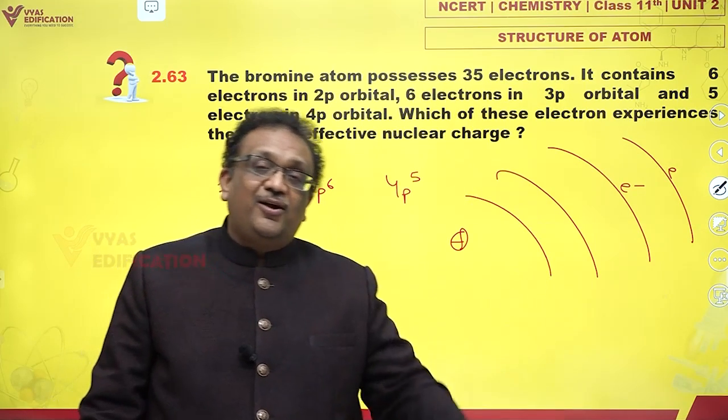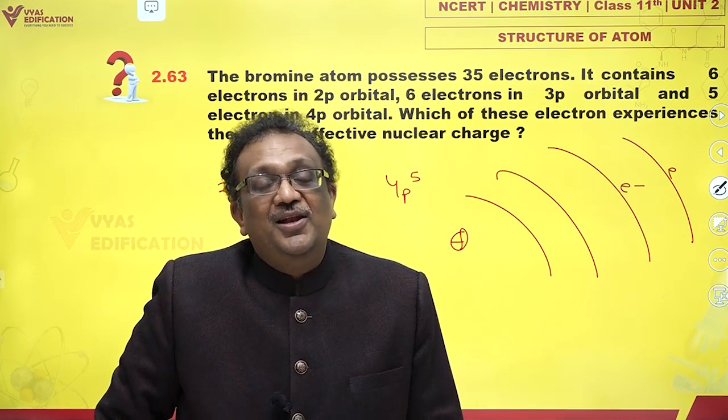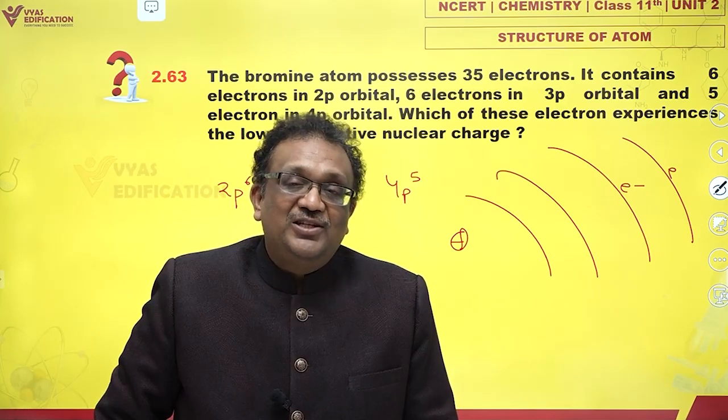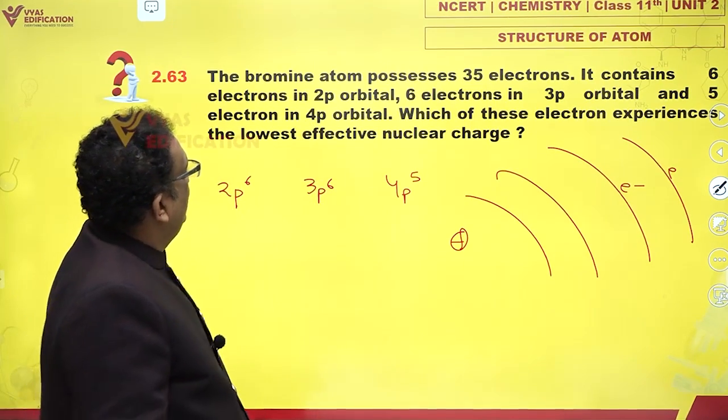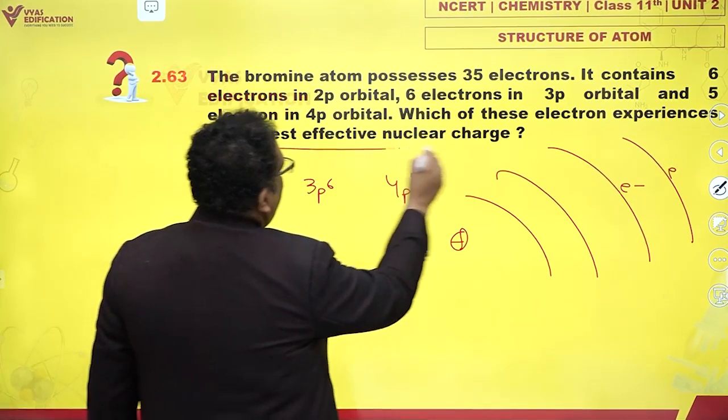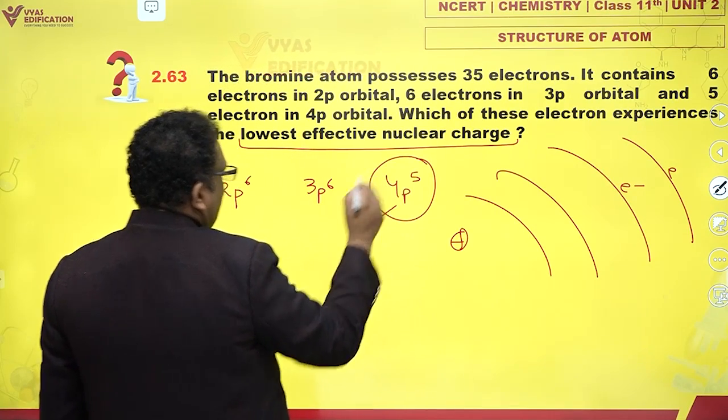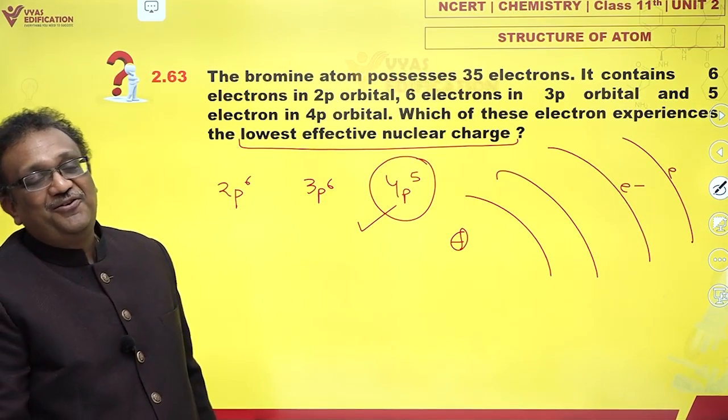So outermost electrons experience the minimum effective nuclear charge. So lowest effective nuclear charge is experienced by 4p, 5 electrons.